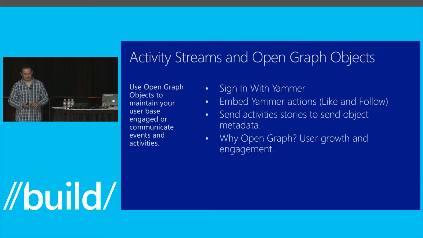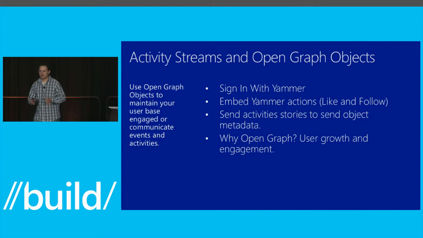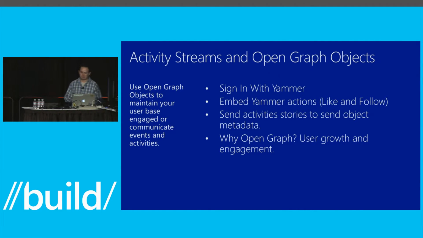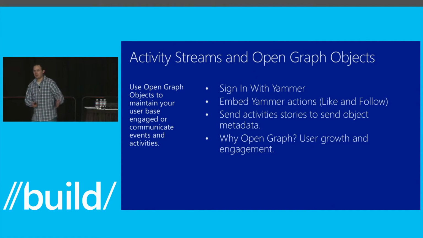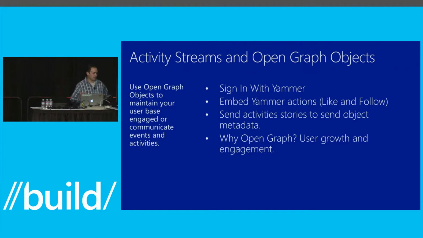And basically to keep your user base engaged and generating content, which is vital in a social network. So why do we use Open Graph? It's an open standard. I think anyone in this room understands the standard. They have probably used it somewhere else, like in Facebook or any other platform. So why not?